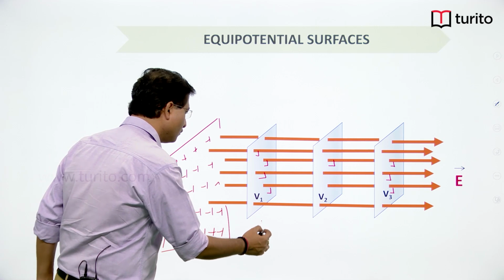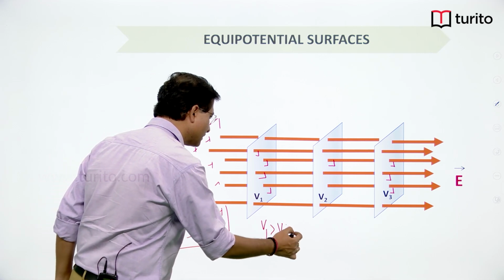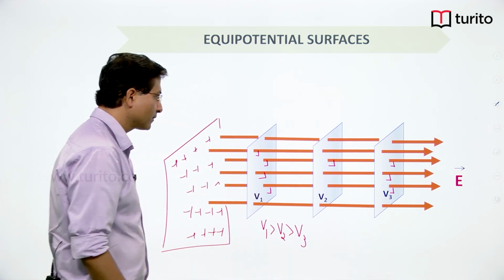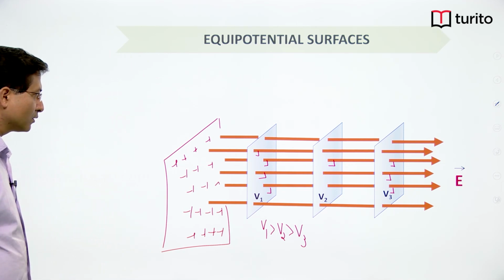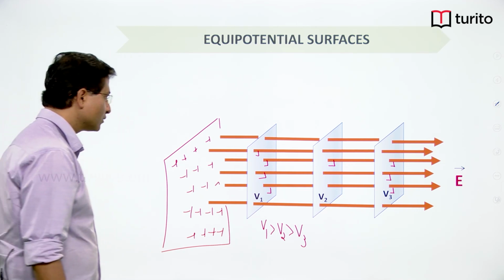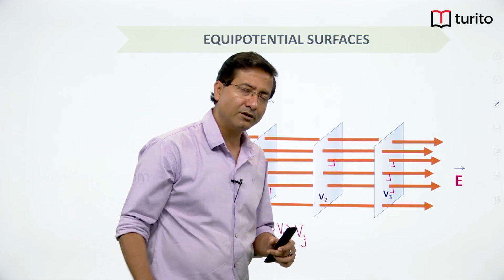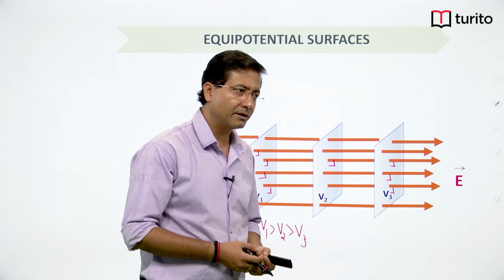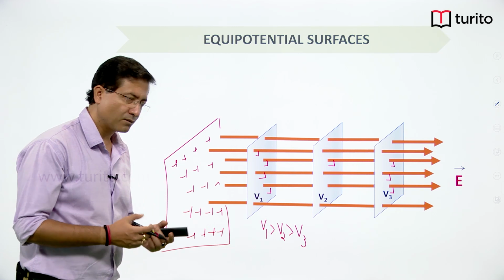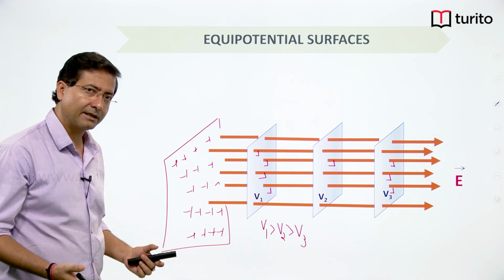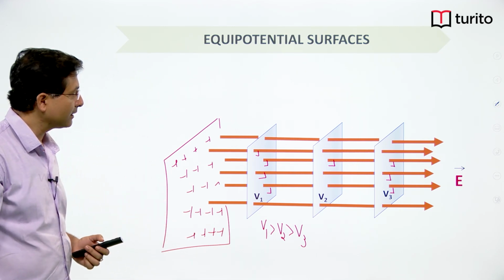So, V1 is greater than V2 is greater than V3, right. These are the three basic types of equipotential surfaces we have. It can be spherical, cylindrical, or planar, right.